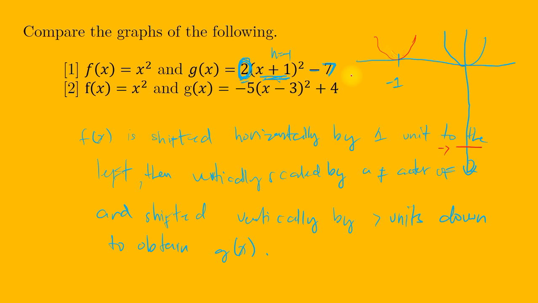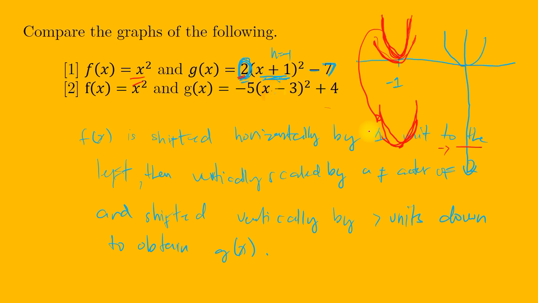So number 2, it's just the same. It's just that x squared is moved or shifted horizontally by 3 units to the right, because h is positive 3. Then after it is being shifted 3 units to the right, it is now being scaled vertically by a factor of 5.